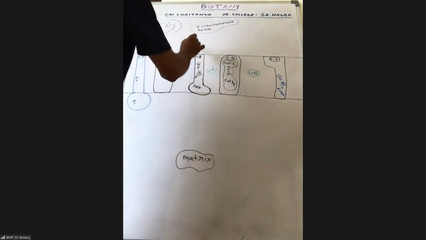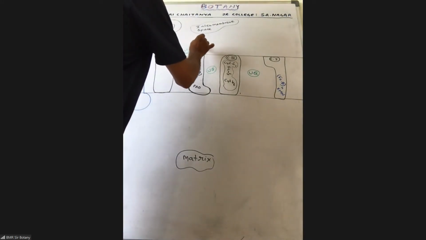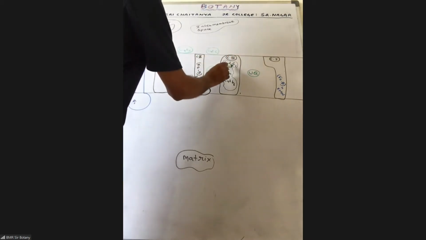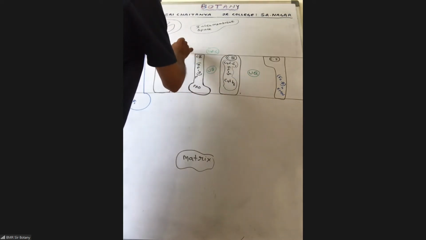It's a mobile carrier. That's why we show it in 2 places. Cytochrome C1 is different, cytochrome C is different, Nana.